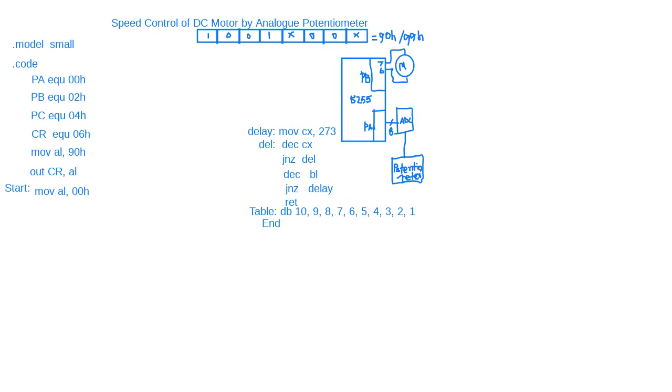Motor off. But for what time? It's about this delay table. We should take this value for 10 milliseconds. This is the off time. The table is for off time. So motor is off, but for how many seconds? Just instantly, or for a certain time? For a certain time.